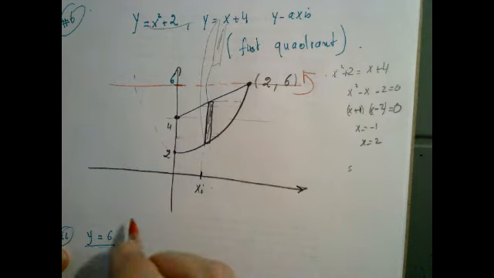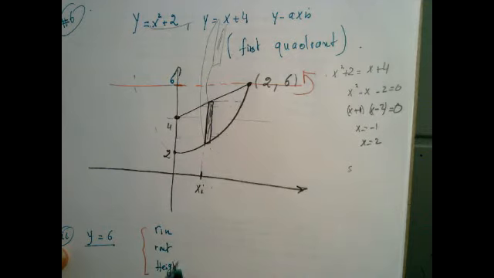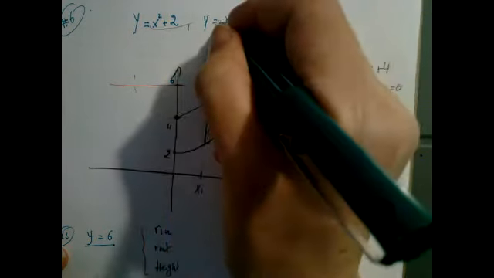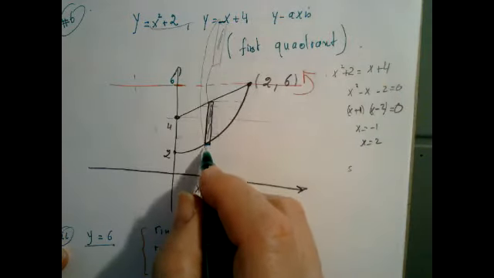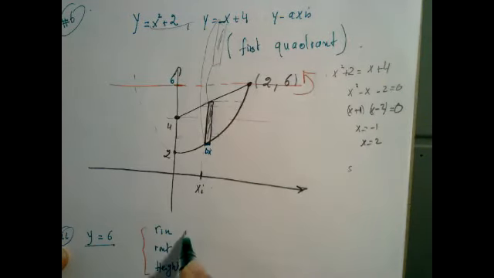So for the washer, I need the inner radius, I need the outer radius, and I need the height. This is my washer. The height is from here to here. That's my delta x. What's my inner? What's my outer?